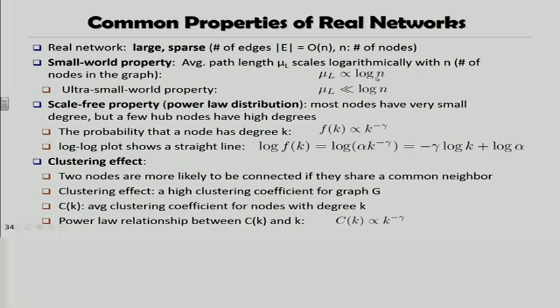You can measure the diameter, the path length and average path length, to see how long it is. In many cases, the measure is log n. That's the small world. If you have 1 million nodes, but you take the log, it just becomes 6. That's why you take the log. But in many cases, you may even take a double log, much smaller than the single log.